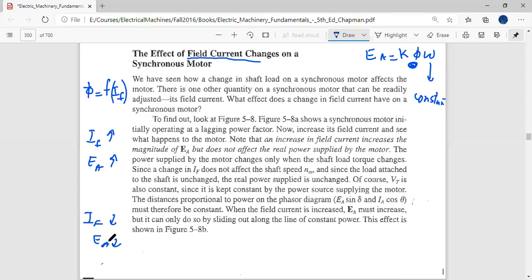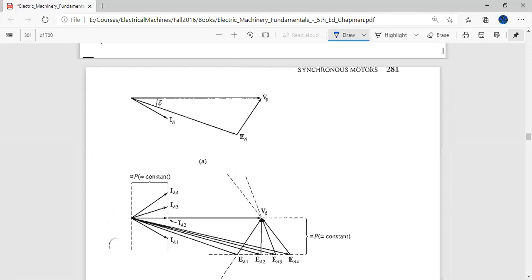We can see this effect in the diagram here. Let's say our synchronous motor was running here, and this is a lagging power factor, as you can see, because the IA jX axis vector is swinging on this side and it is less than 90. So that means IA has a negative angle, as also here, with respect to V phi, IA has a negative angle.